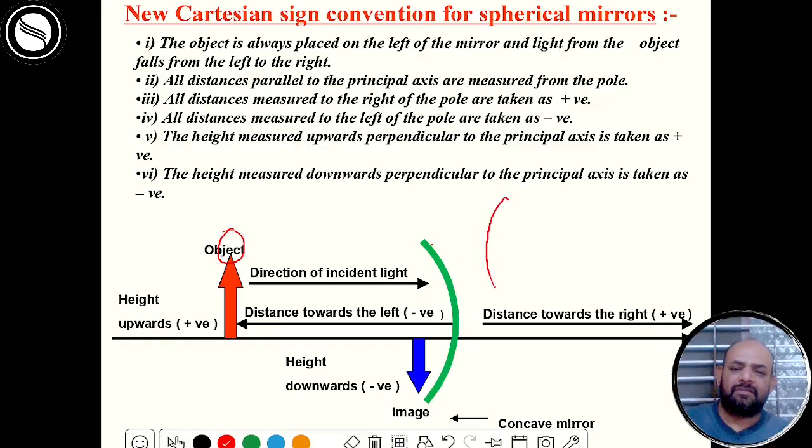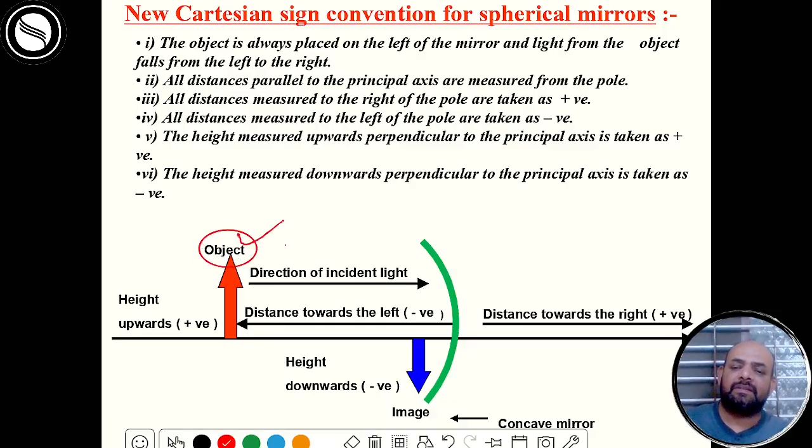If suppose this is a concave mirror, the reflecting surface is this side, so we have to place the object left hand side to the mirror. If the reflecting surface is right hand side, then we can place the object right hand side also. But for our convenience, to simplify the situation, we take the first convention like this.